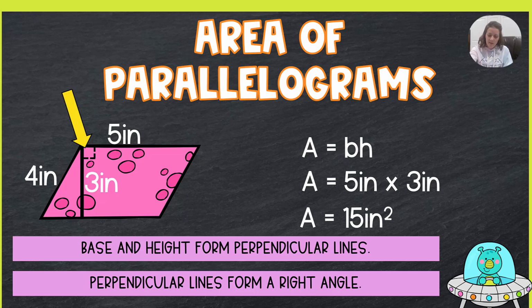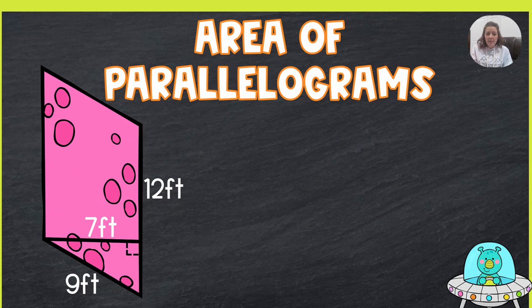Let's try another one. See how you do. All right, so same idea. We've got a parallelogram, 3 measurements. 1 of them I don't need. 2 of them I need. Which 2 form perpendicular lines or form a right angle? Well, you can see the right angle there. It's indicated with those dotted lines. So I'm going to use my formula, area equals base times height.